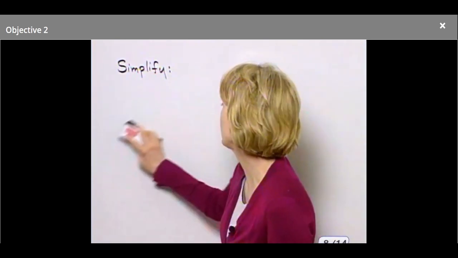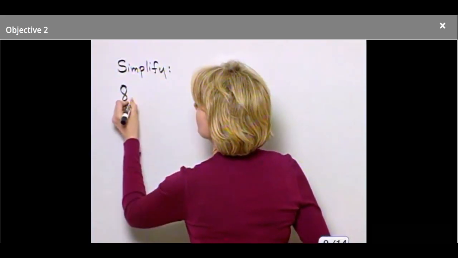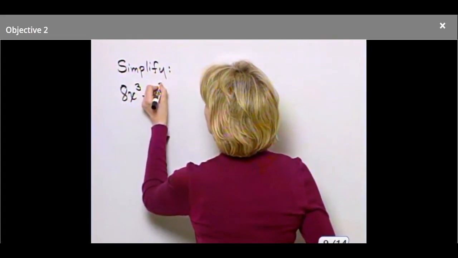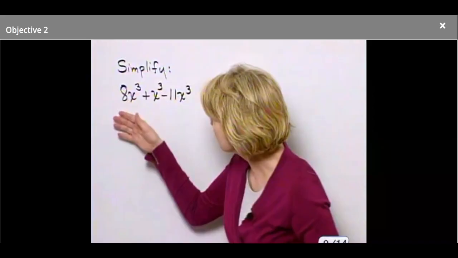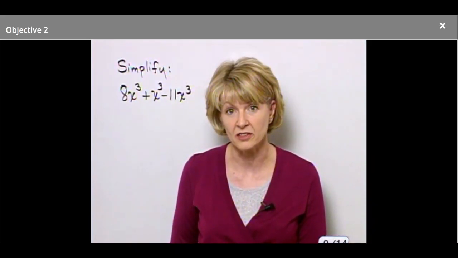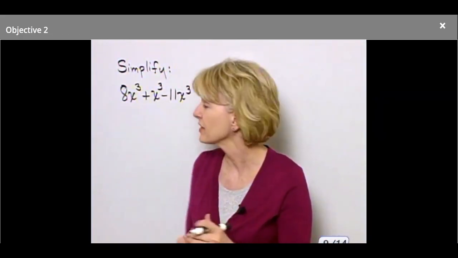Let's suppose we have, say, the expression 8x cubed plus x cubed minus 11x cubed. This is an expression. Can we simplify this expression? Well, we can by combining any like terms.